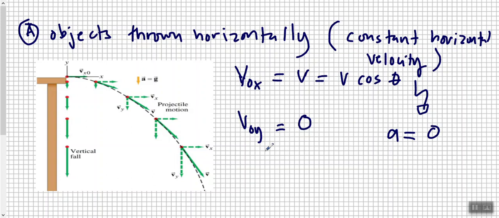So we can analyze from this picture that for an object thrown horizontally, there are components. For the vertical component, the initial vertical velocity is 0, and the only thing that affects it is the acceleration due to g, which is downward. And we know that before it hits the ground, its final velocity would be different.